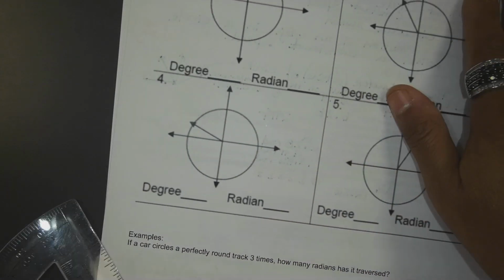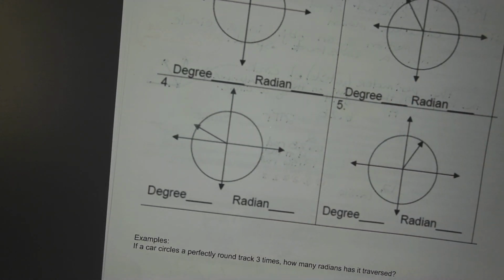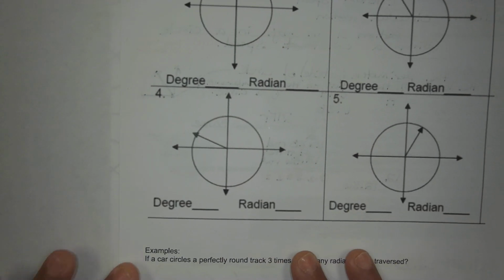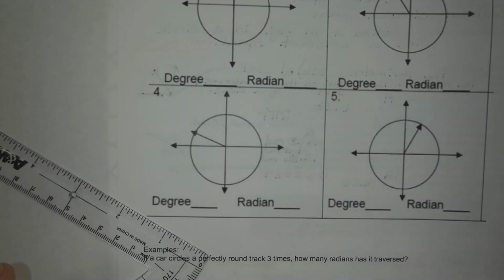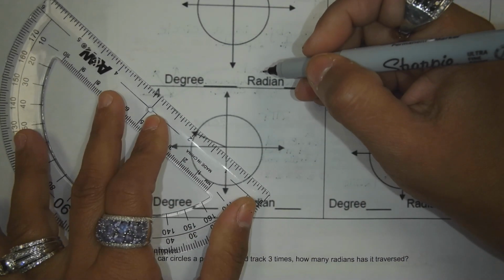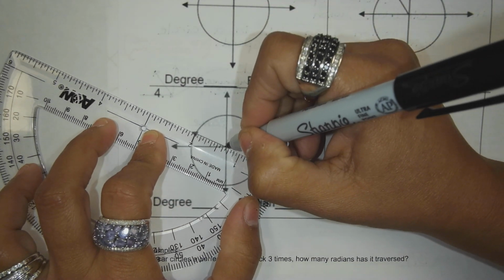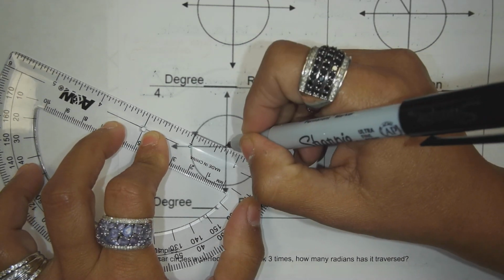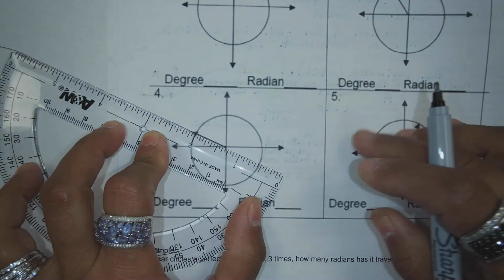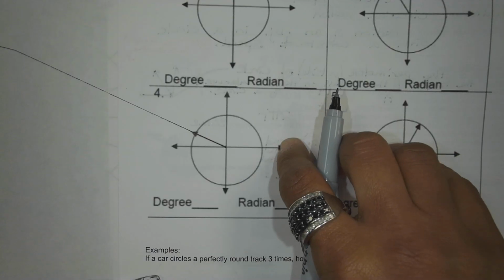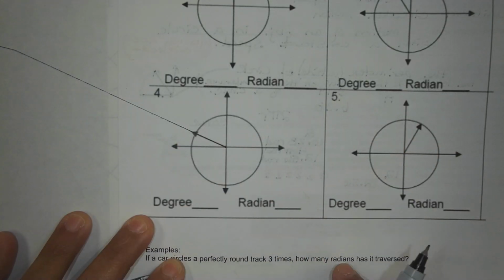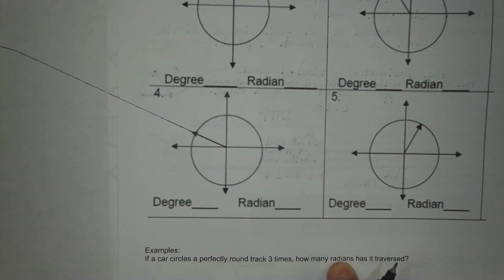So I'm going to extend it out. Personally, I'll put another little piece of paper in case. Let's extend this out and line it up on your protractor. There it is. I got my line, I extended it out, and I have an extra piece of paper to the side.